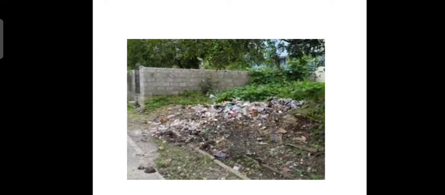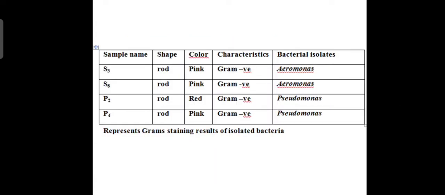So if we see the flow of the work, they collected the garbage soil from the plastic dumped areas, and from there they isolated the pure colonies, and then the pure colonies were subjected to gram staining to identify whether they are gram positive or gram negative.